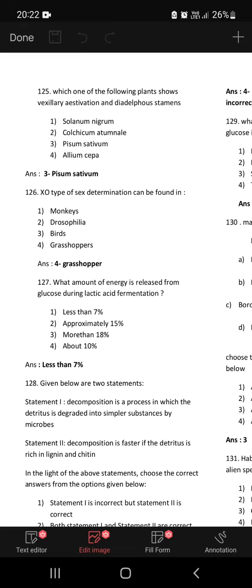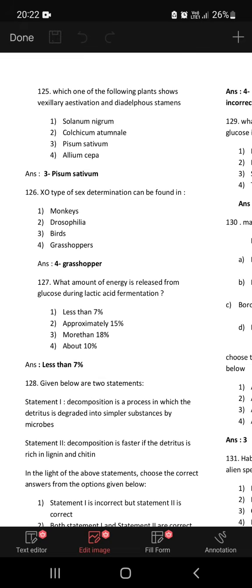Pisum sativum is Fabaceae, so Pisum sativum is the correct answer, which has the 9+1 arrangement of stamens and vexillary aestivation. Allium cepa, onion, again belongs to Liliaceae. The answer is Pisum sativum.